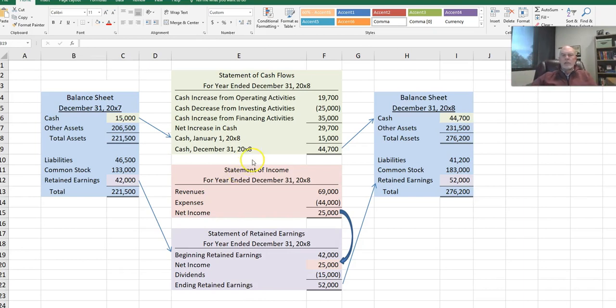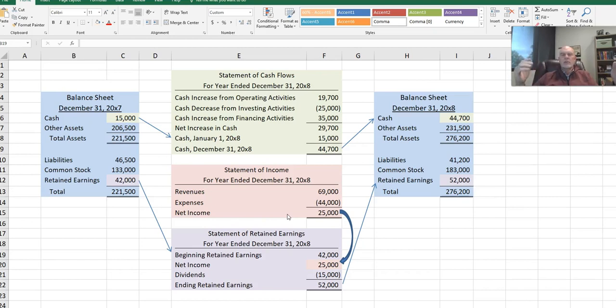We've already talked about the statement of income, the income statement. On the income statement, we have revenues minus expenses, and that gives us our net income. Well, the revenues reflect the work that we did for customers. Remember that the income statement is prepared using the accrual system of accounting.